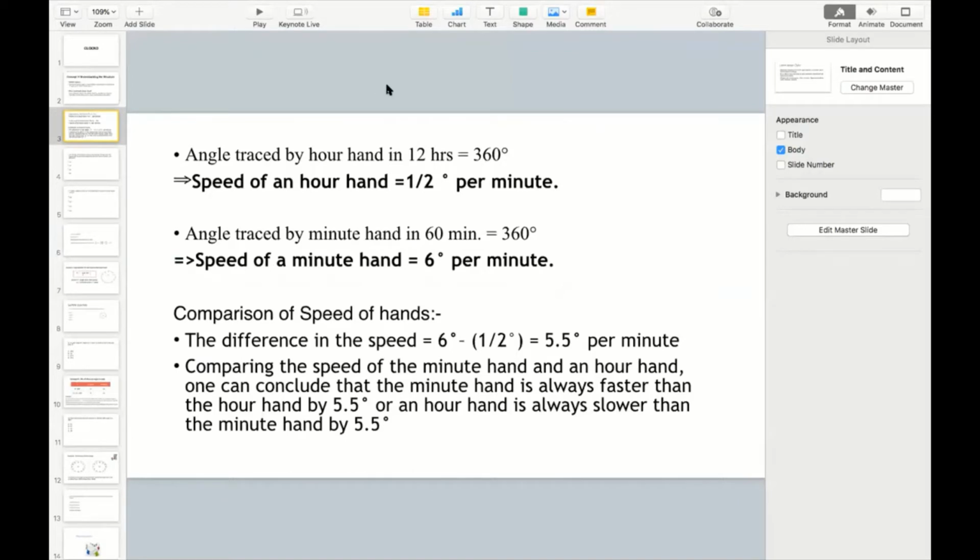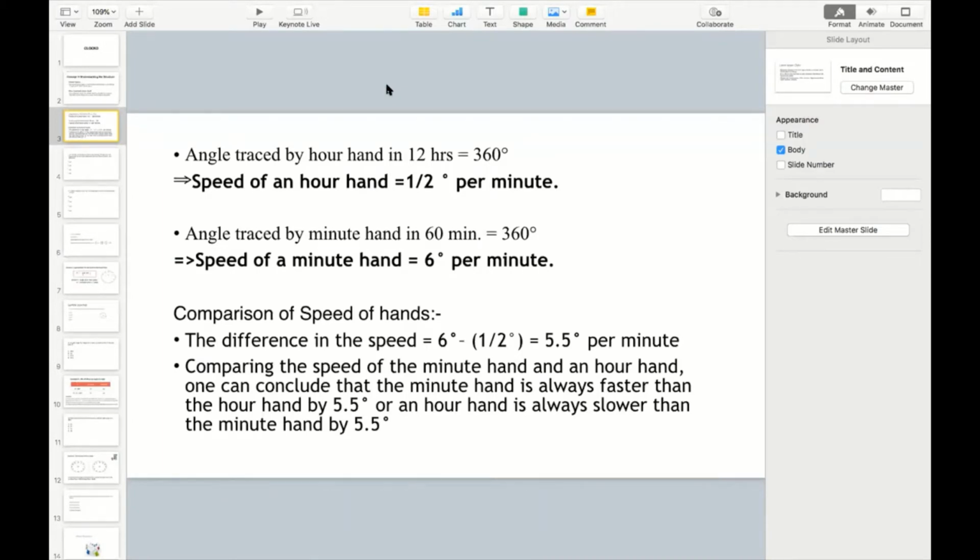Okay, so now my question for you is, let's assume that the reference point is 12 o'clock, okay? That position. So if the hour hand has made one complete revolution, it means I can say that the hour hand has completed 360 degrees, right?